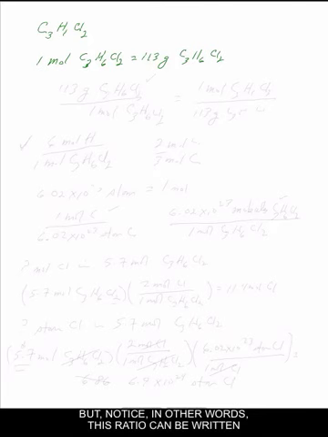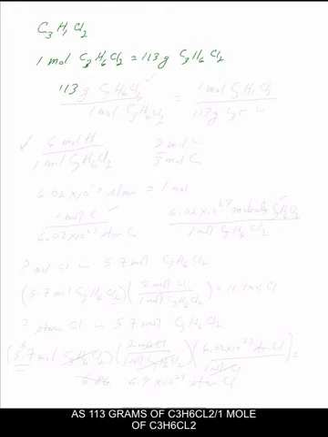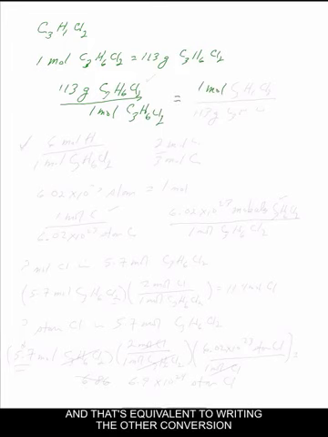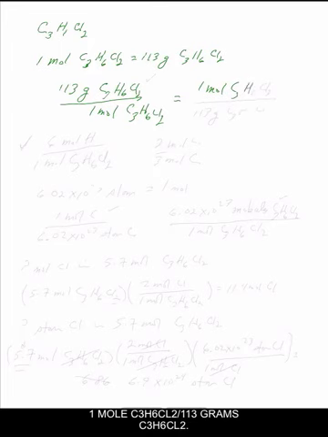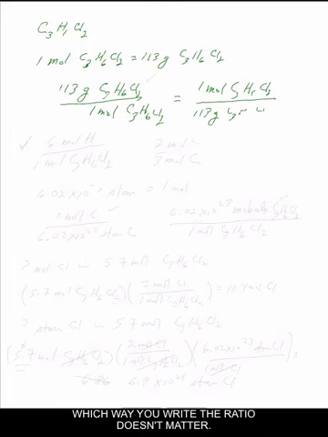But notice, this ratio can be written as 113 grams of C3H6Cl2 over 1 mole of C3H6Cl2, and that's equivalent to writing the other conversion, 1 mole C3H6Cl2 over 113 grams C3H6Cl2. As with all ratios, which way you write the ratio doesn't matter. You'll write it in a way that is useful to you.